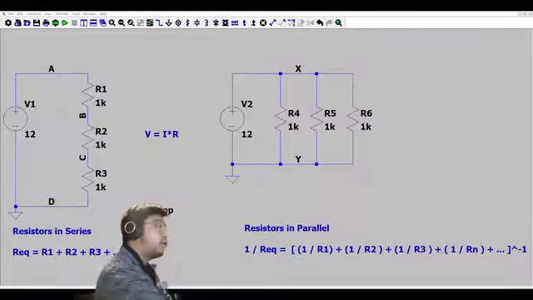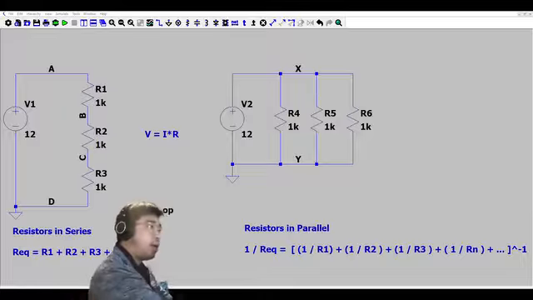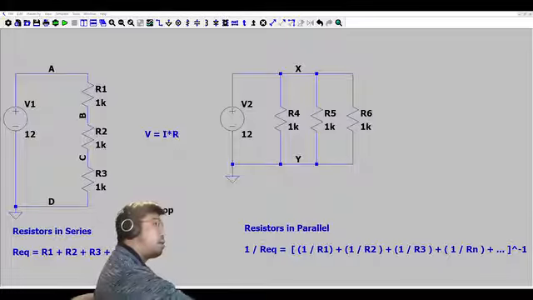Then if we isolate I, I equals 12 volts divided by 3 kilo ohms.